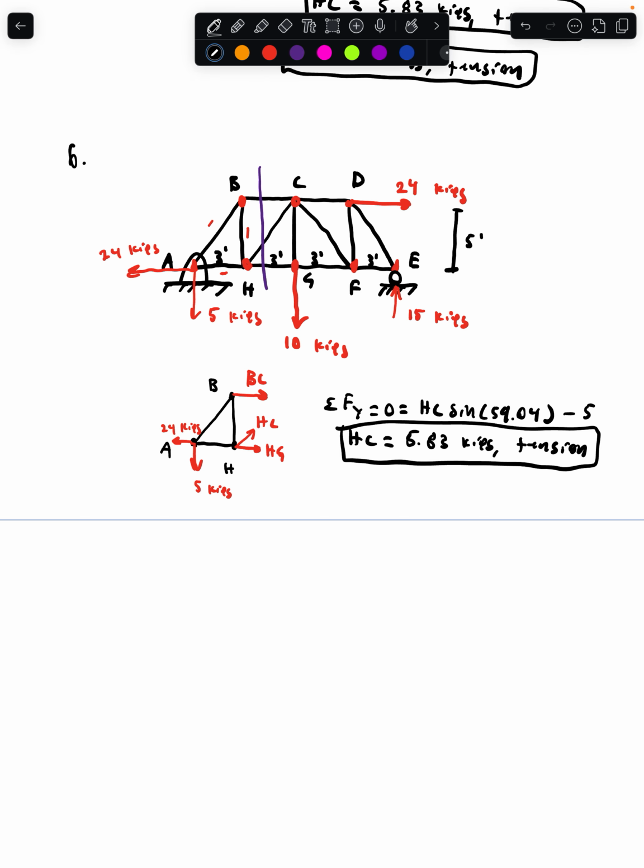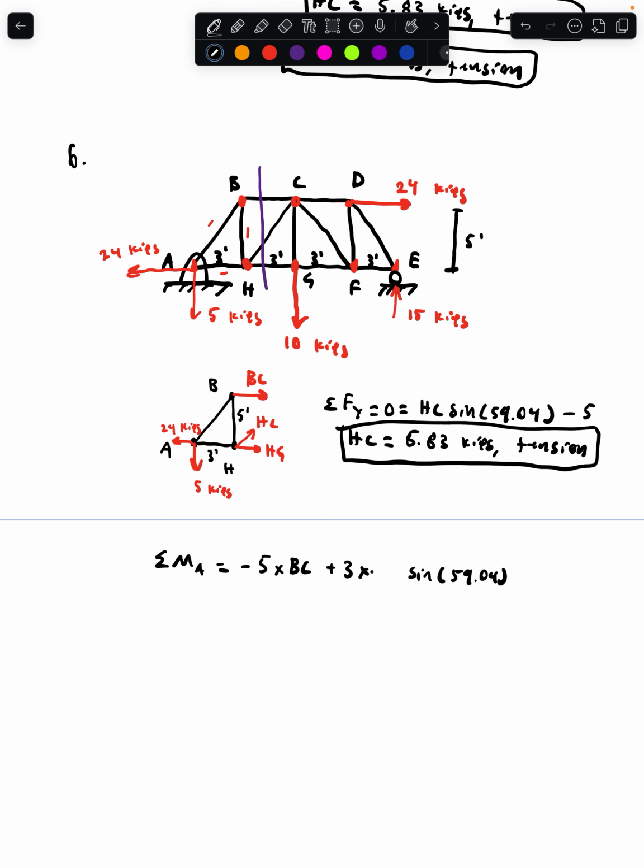Okay, now if I do the sum of the moments about A, that's going to get rid of HG. That'll drop out, so that'll help us solve for BC. So again, this is 5 feet, this is 3 feet. So we have negative 5 times BC, and then positive 3 times HC times the sine of 59.04, which we already have.